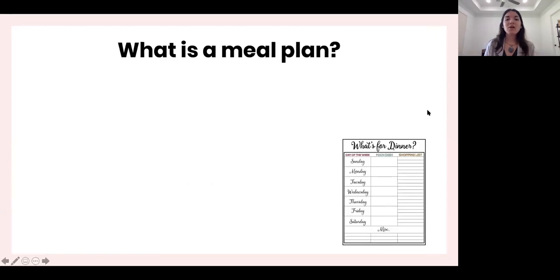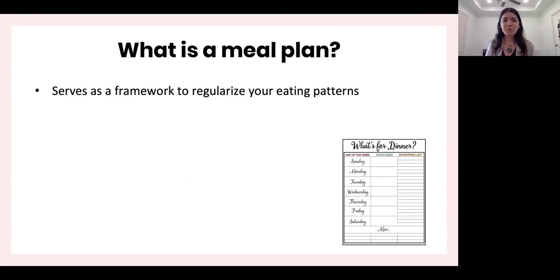There we go. So what is a meal plan? Let's start with basic questions. A meal plan serves as a framework to regularize, if you will, our clients' eating patterns.